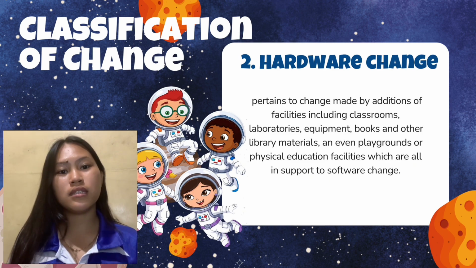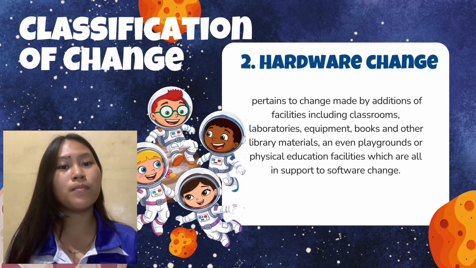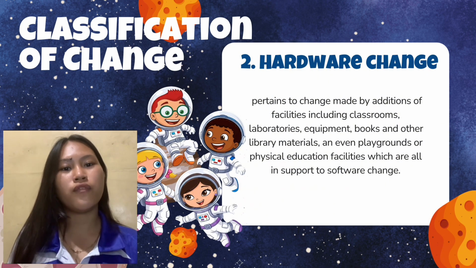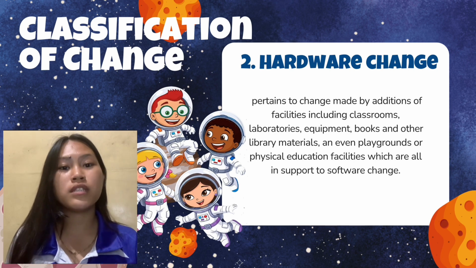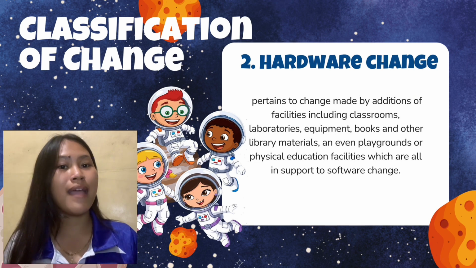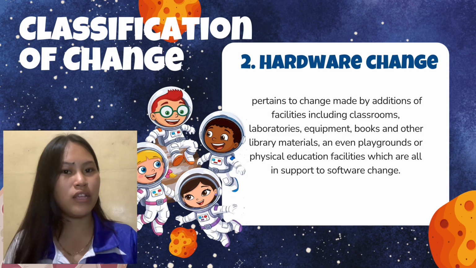The nature is tangible, so it means visible and physical resources. The purpose of it is to support and enhance curriculum implementation. So the key idea is the software change improves content and instruction. The hardware change improves facilities and resources.